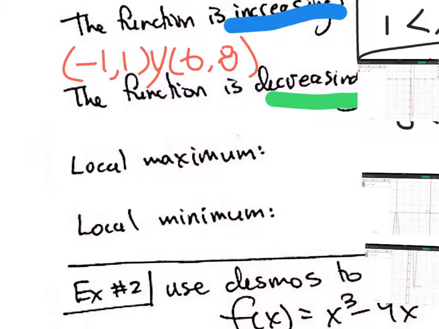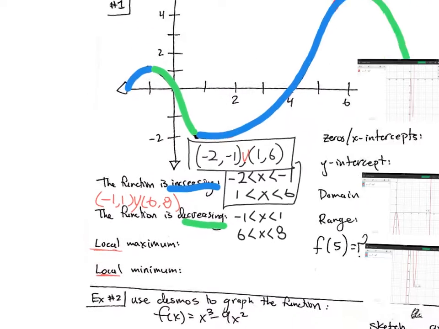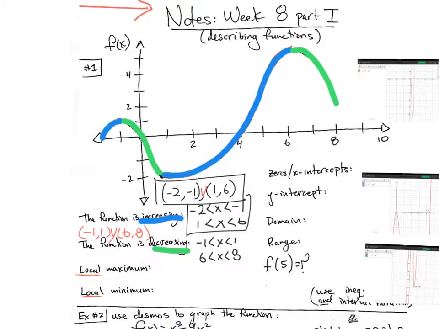Okay, local maximum and local minimum. So by local, we mean basically in the graph that you can see, not way off at infinity or something like that. So for maximum and minimum, we look at the graph, and we see this is the lowest point.